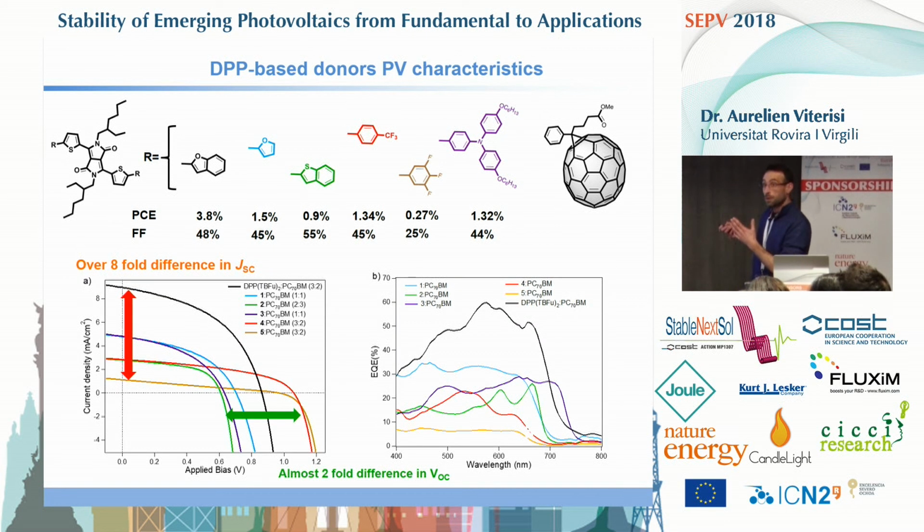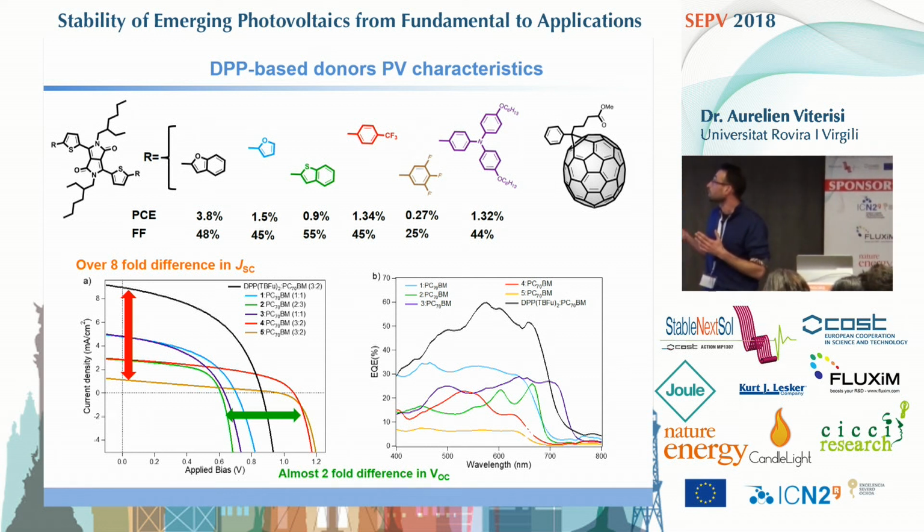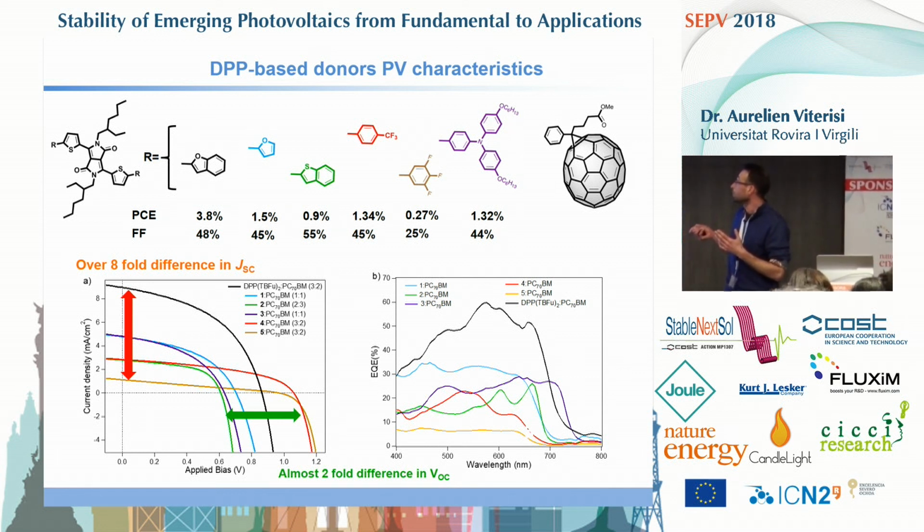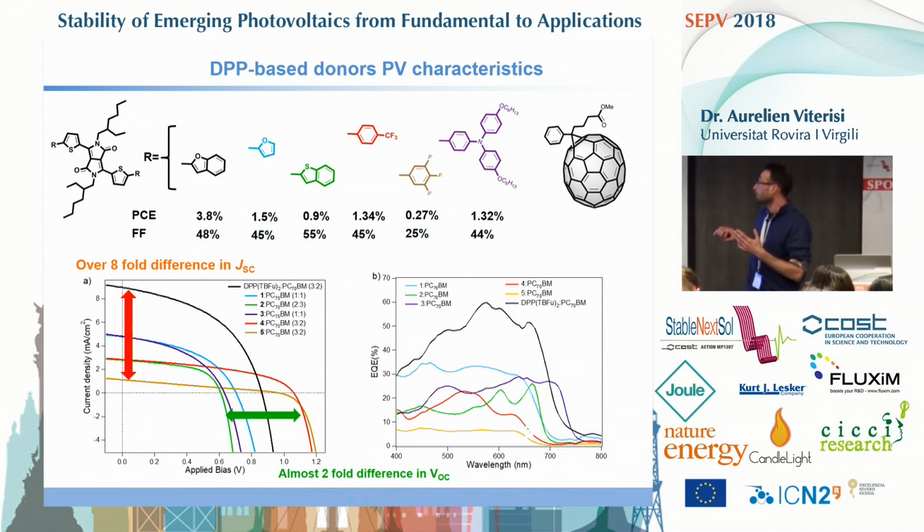Although they have very similar optical properties, they give rise to devices in which the efficiency and the characteristics are very, very different. For example, changing only one atom, like an oxygen to a sulfur, gives a very different efficiency.